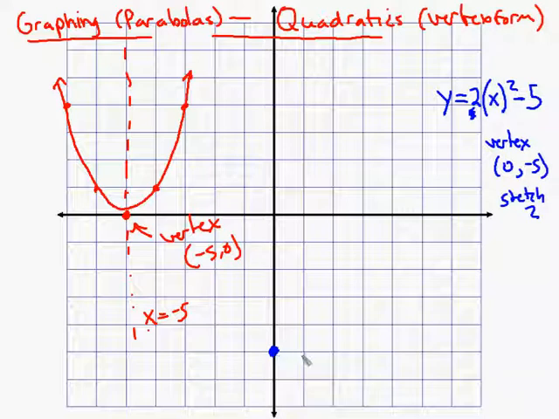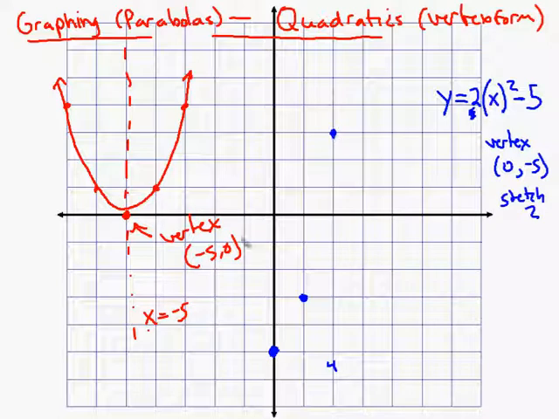So right 1, 1 squared is 1, but then I multiply by my stretch factor, I actually go up 2. If I go right 2, 2 squared is 4. But my stretch factor is 2, so times 2, I'm going to go up 8.